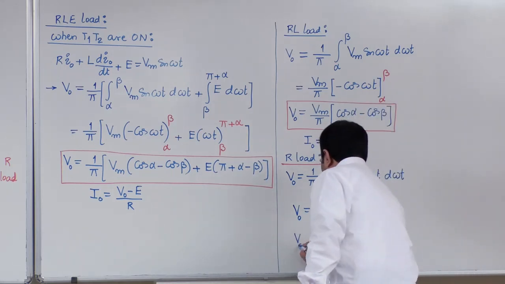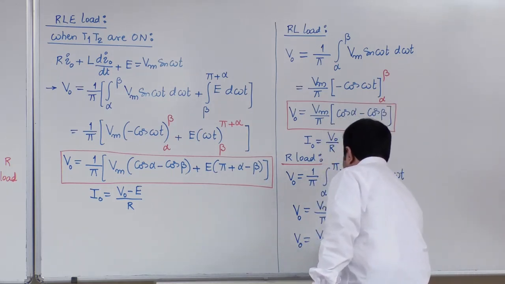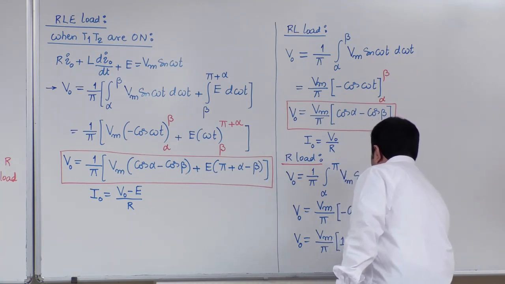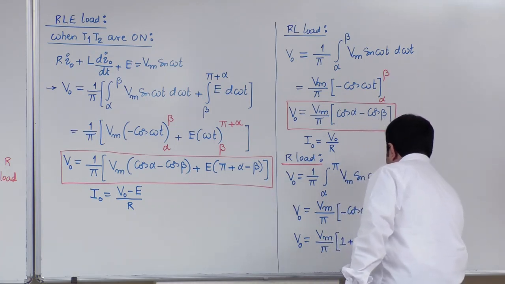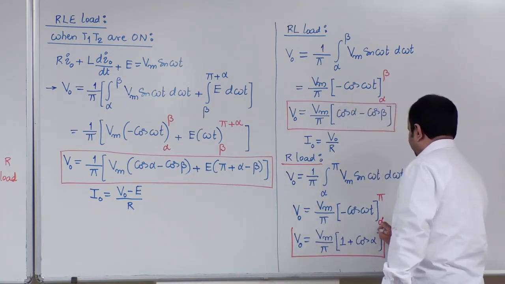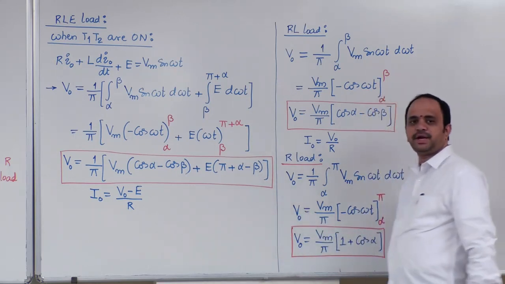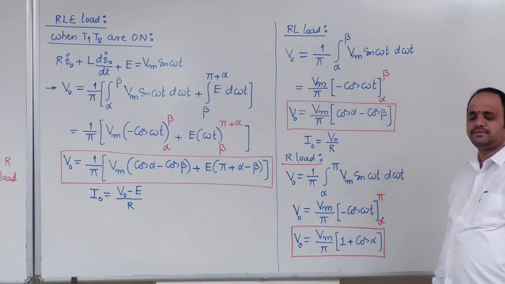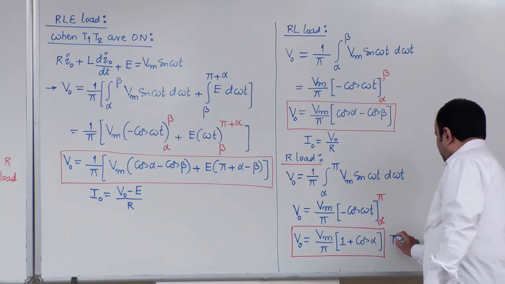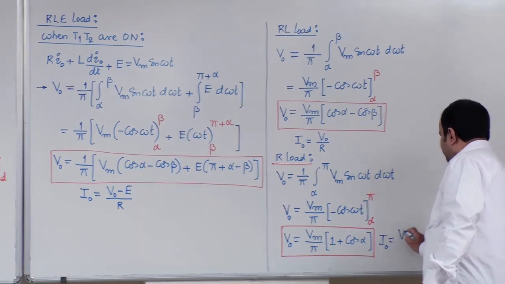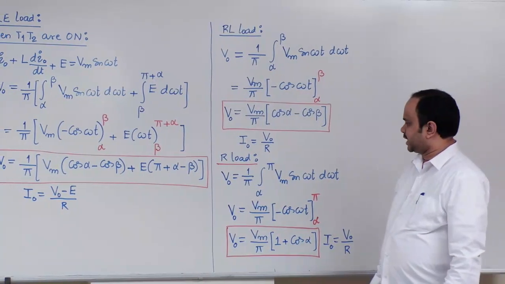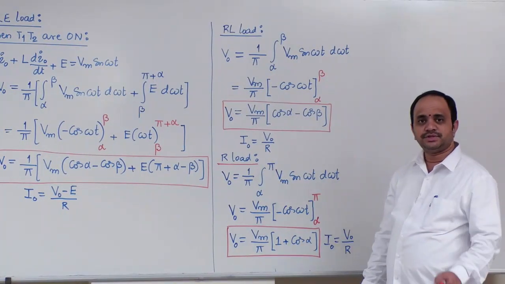So we get V naught equal to Vm by pi multiplied with 1 plus cos alpha. This is the expression for average output voltage. After this, you can write I naught equal to V naught by R. These are the equations for resistive load.